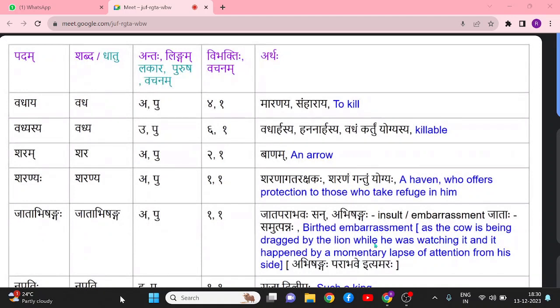Jatabhishangah, I told you, embarrassment is born in him. Jata, it has given rise in him, it has grown in him. Why? Because the cow is being dragged by a lion while he was watching it, and it happened by a momentary lapse of attention from his side.